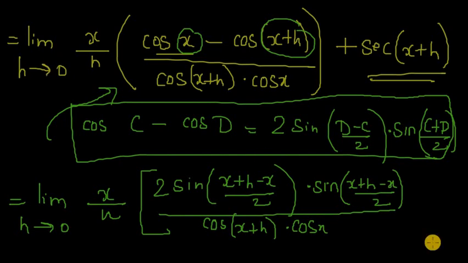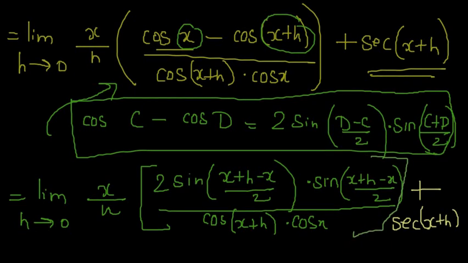Plus, what happens many times when you simplify the problem, you forget about the additional material mentioned, that is sec of x plus h. We also need to close this bracket over here. So let's move further.